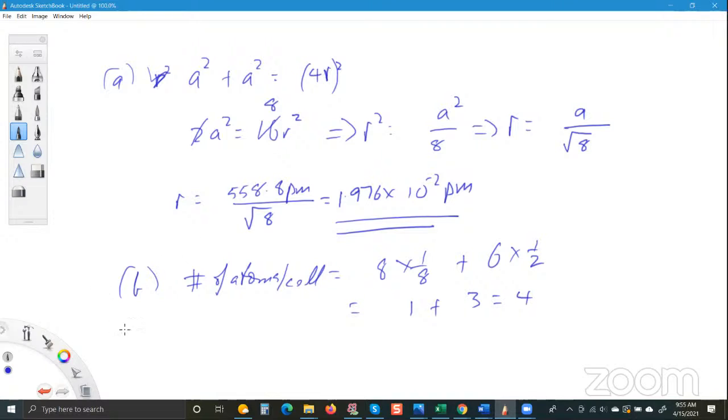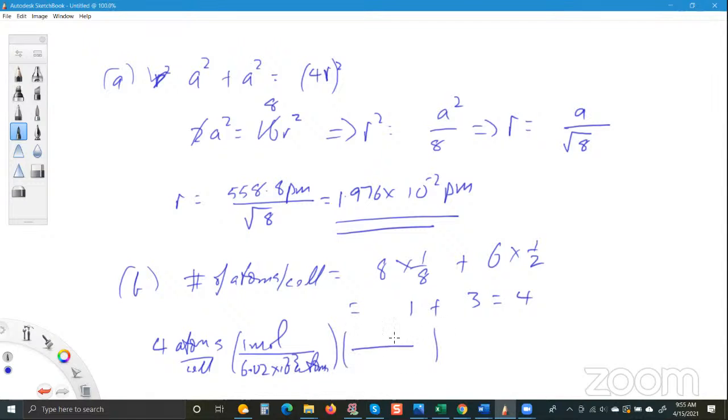So with that out of the way, we can start by writing down 4 atoms per cell. And we do the same thing with Avogadro's number that we did before to find the moles. So 1 mole over 6.02 times 10 to the 23 atoms. And then we do the molar mass: 1 mole of the atom, and on top, you should have 40.08 grams for the calcium.